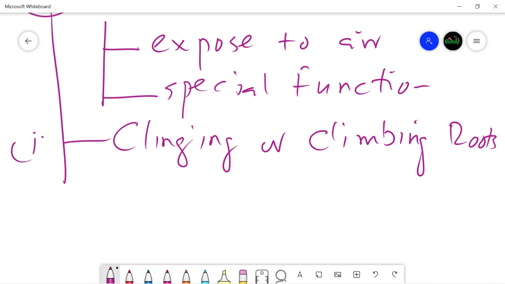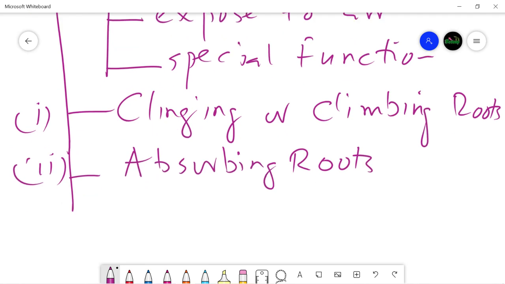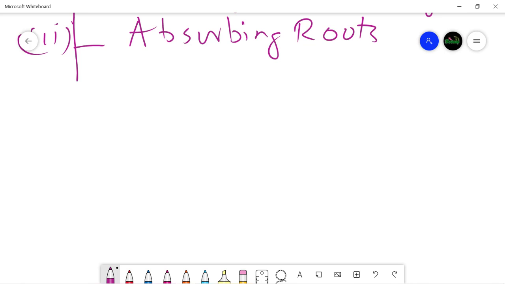This is category one, and the next one is the so-called absorbing roots. So these are two kinds of aerial roots. Let's discuss the first one, and that is the clinging or the climbing roots.